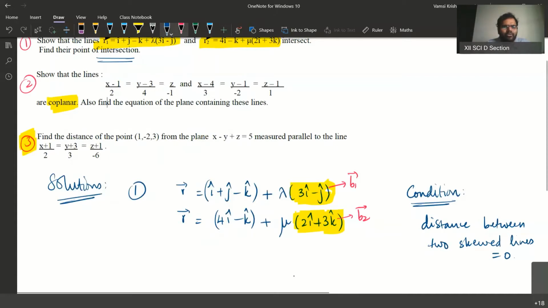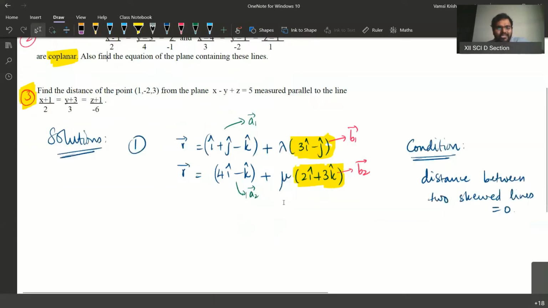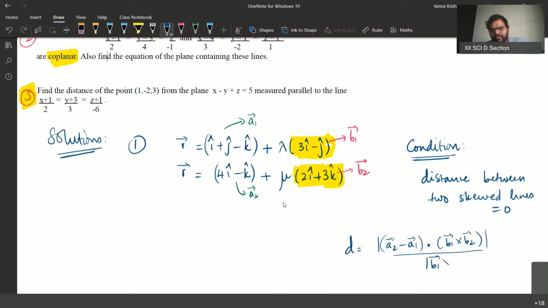Now, if I call this first point a1 vector, and this a2 vector, then the distance between two skew lines is given by the projection of a2 minus a1 on b1 cross b2, that is, (a2 minus a1) dot (b1 cross b2), divided by the magnitude of b1 cross b2.